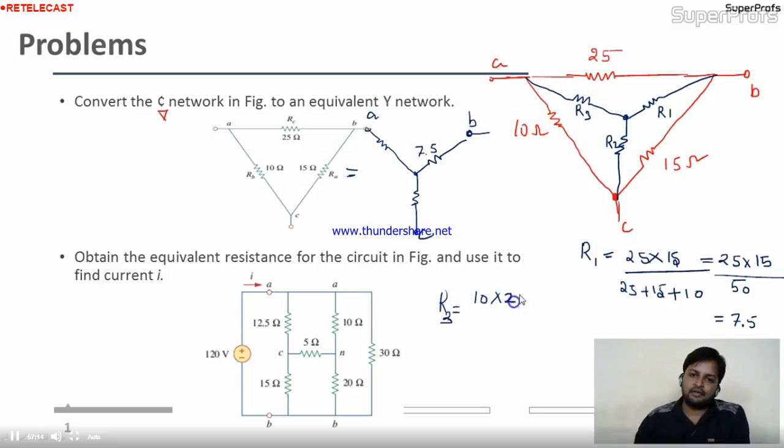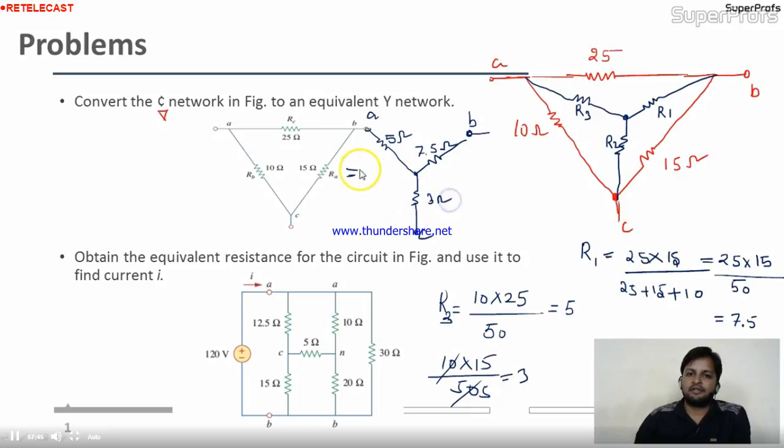So 10 into 25 divided by summation, 50, so it becomes 5. So here in this branch we'll mention 5. This is 7.5. Come here, 10 into 15 divided by 50. So it's 3 ohm. This is the equivalent circuit of this.